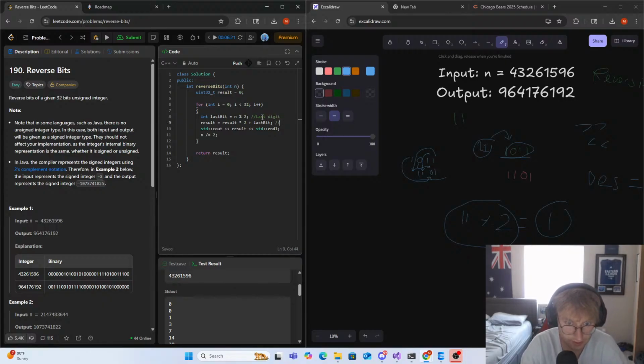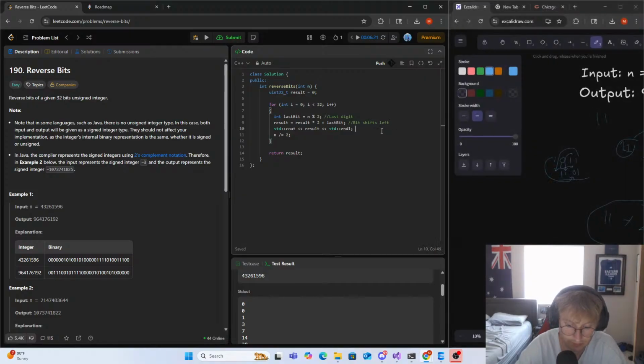Then this bit shifts left, and then bit shifts right. So we're doubling our result every time. 0, 0, 1. 1 times 2 is 1 again. 0, 0, 1, 3, 7.